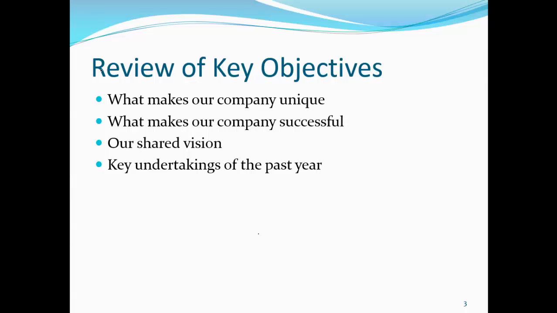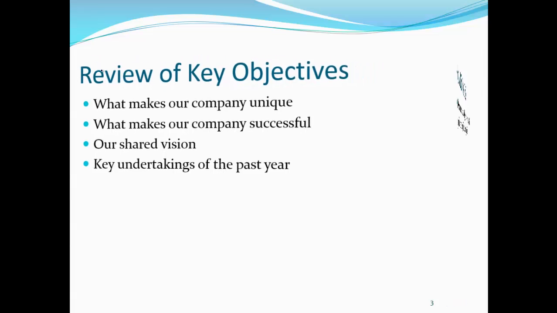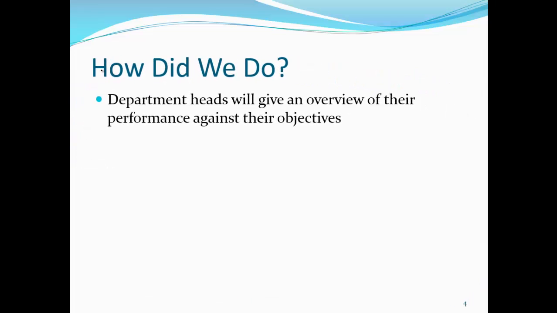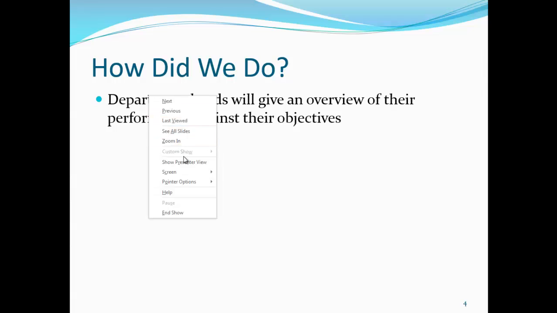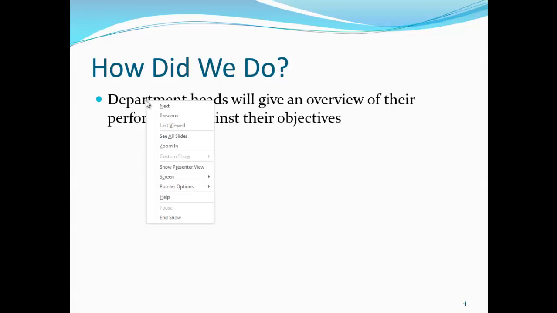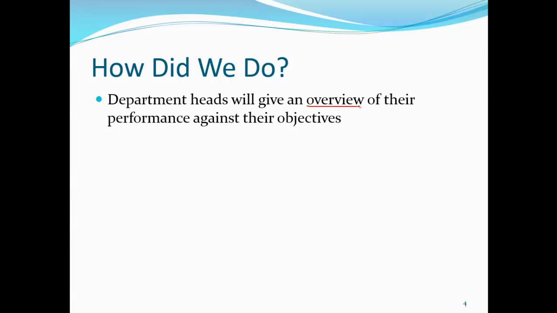And let's move to the next slide. And then let's do pointer options. So let's go for pointer options in color, dark red. And then let's take 2 lines under the overview, 1 and 2.